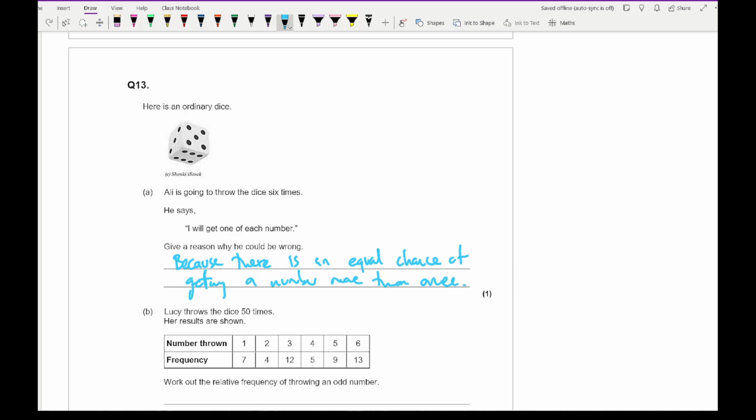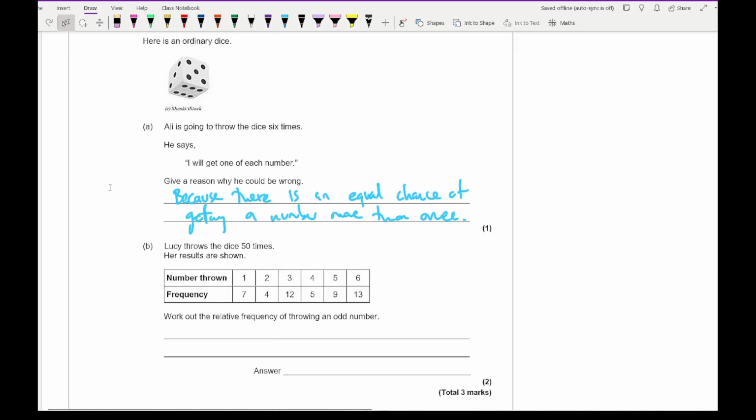You could even mention something about each event being independent. So you could have a number that repeats itself more than once, and so therefore it's not guaranteed that you're going to get each number.